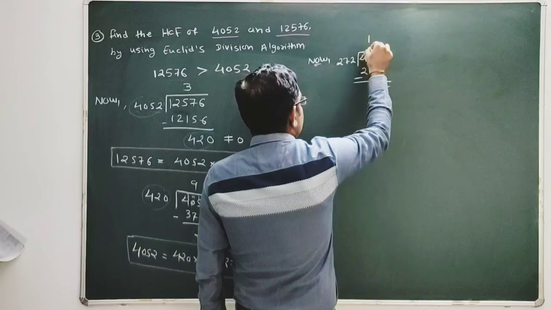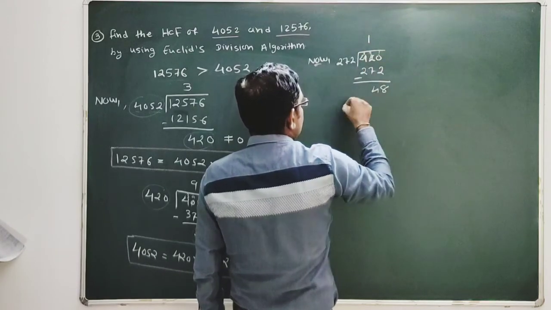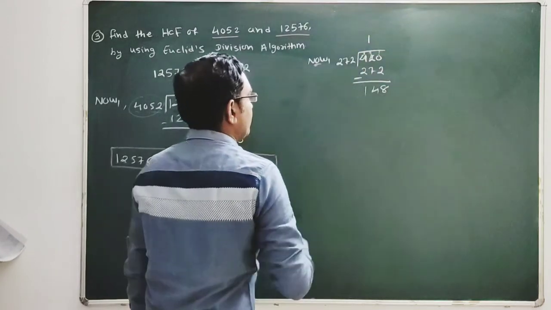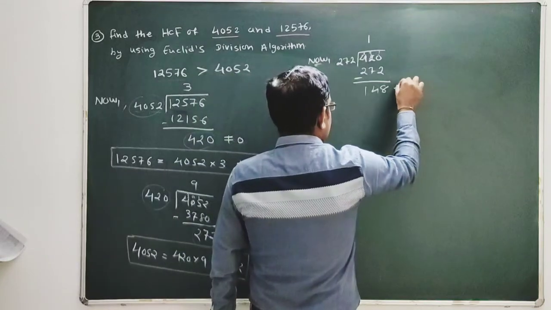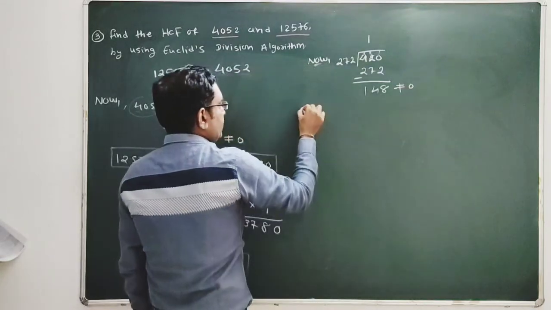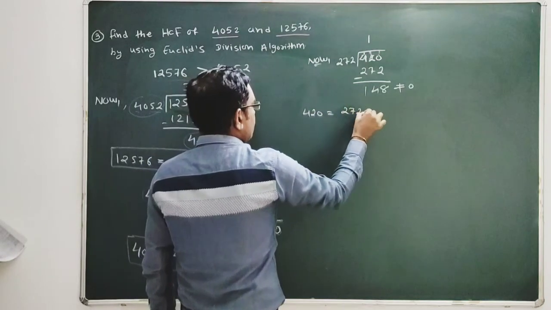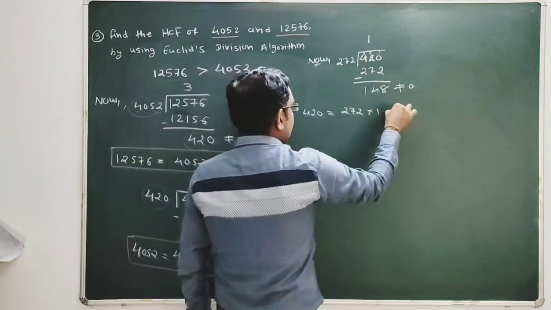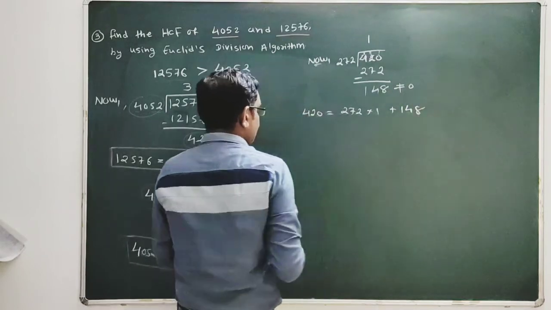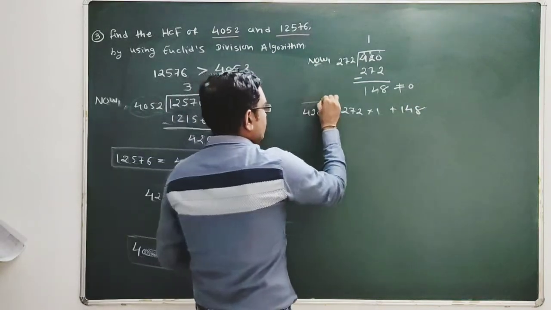Again this is 3, this is 11, so it's 4, and this is 1, so 148. This is again not equal to 0. So now we can write 420 as 272 multiplied by 1 plus 148 by using Euclid's division algorithm.